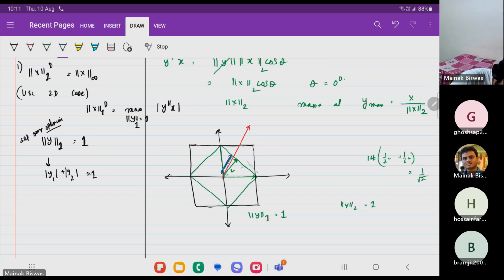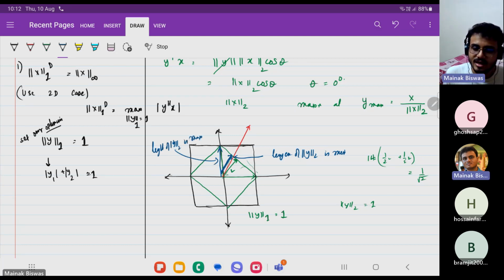One will be this, where length is minimum. Do you agree? Length of y2 is minimum. Whereas this is where length of y2 is maximum. But you are getting compensated by theta, right? So let's say this is some angle theta.